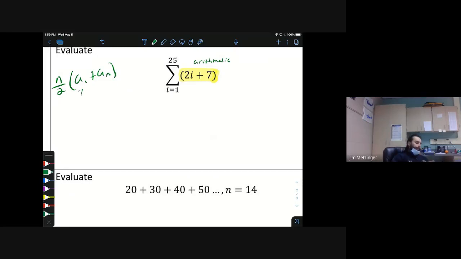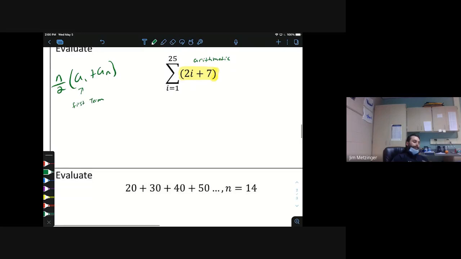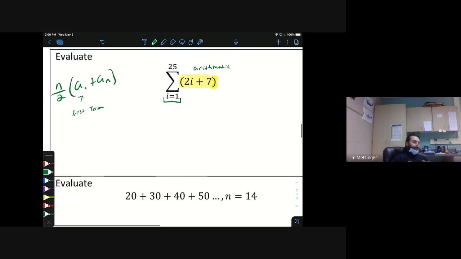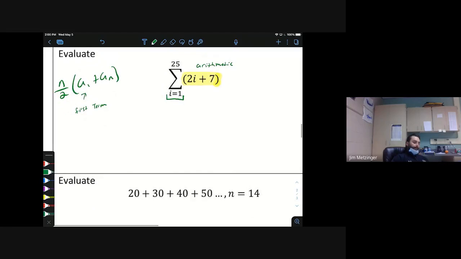Well, a1 is your first term. The first term, when written in summation notation, you have to use your index number, because it's not always a 1. It could be a 0, a 2, a 10, or whatever. I put that in to get my first term. So I put 1 in.